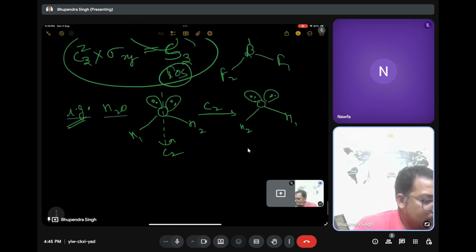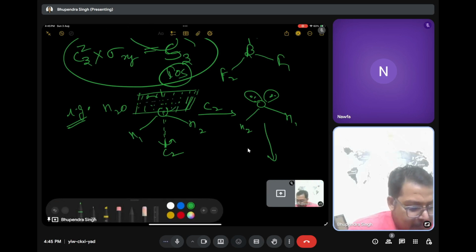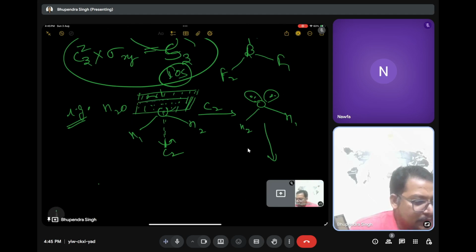Now, perpendicular to this axis, this plane should look like this, like this, right?